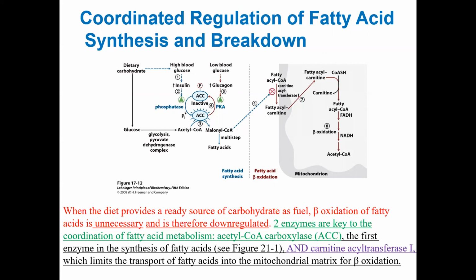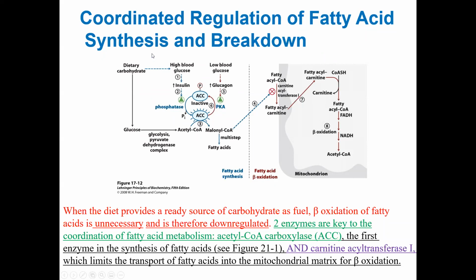So let's discuss the scenario here, right? And you can see it's a beautiful slide actually, and if you go through this, you will really understand most of the things here. But we are just going to go over that. So let's say you went and ate a really good carb-rich meal, right?